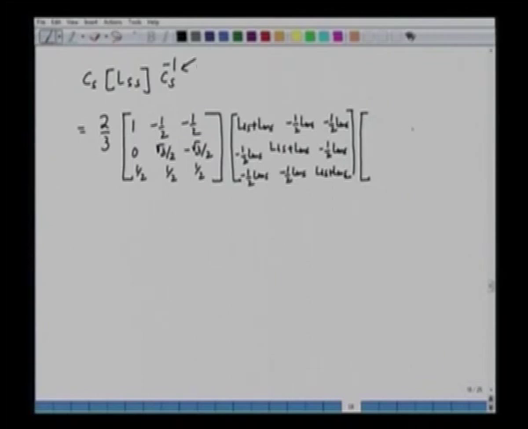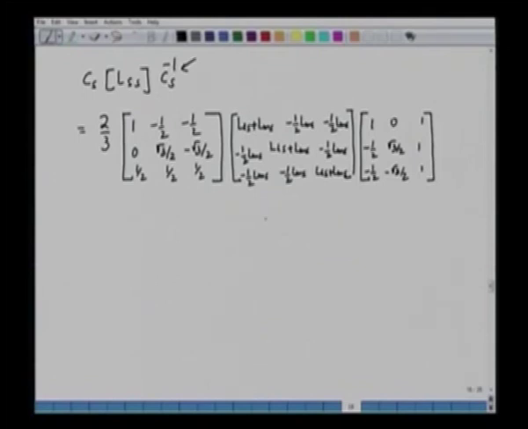If you calculate CS inverse, this is 1, minus half, 0, root 3 by 2, minus root 3 by 2, and then 1, 1 and 1. If you multiply CS and CS inverse, we get the I matrix.